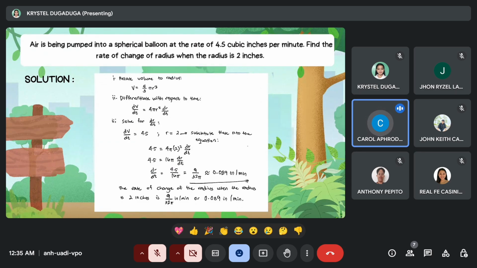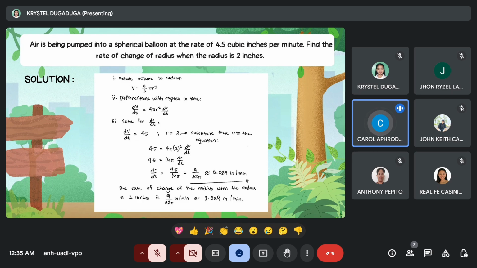So dV over dt is equal to 4.5 and r is equal to 2. And then we have to substitute this into the equation. So 4.5 equals 4 pi, substituting 2 to the power of 2, times dr over dt.